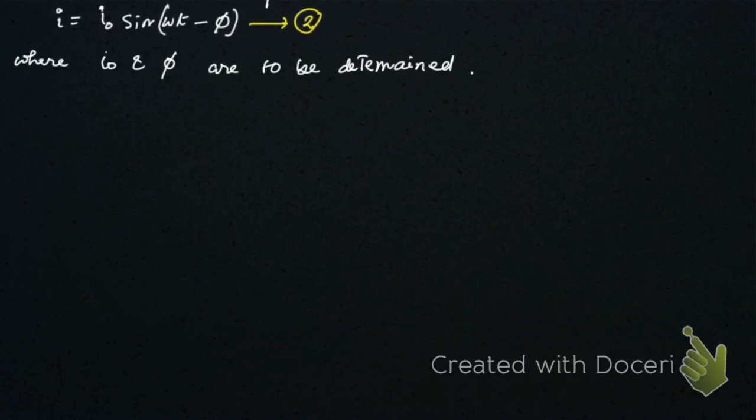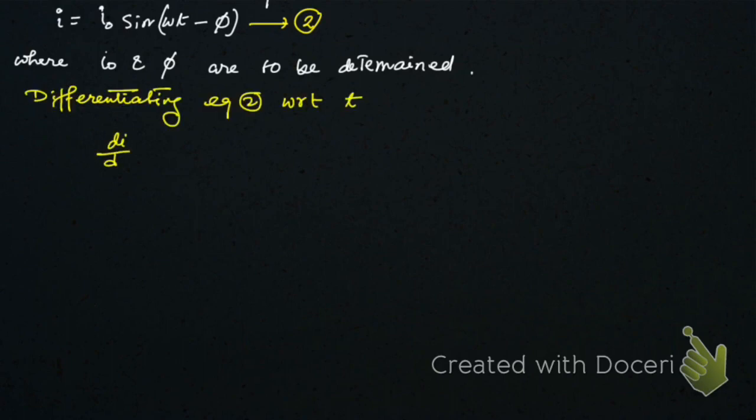So if you differentiate equation number 2 with respect to t, then what you're gonna get, di by dt is equal to I naught omega cos omega t minus phi, right? So differentiating this, we have got this result.